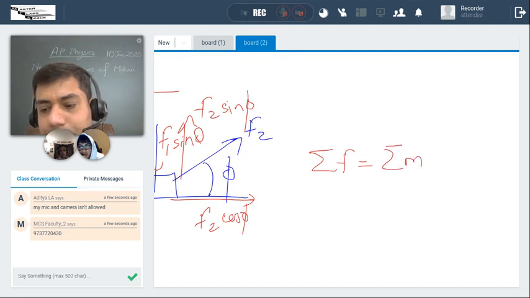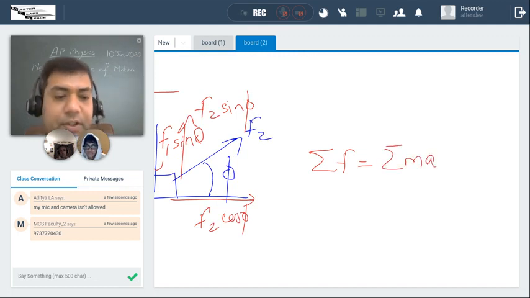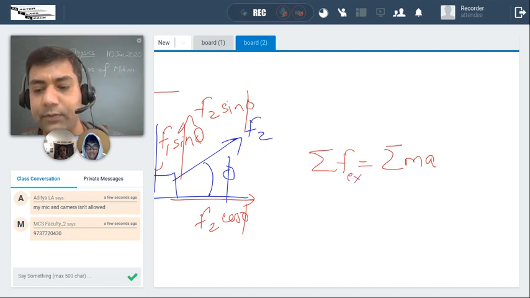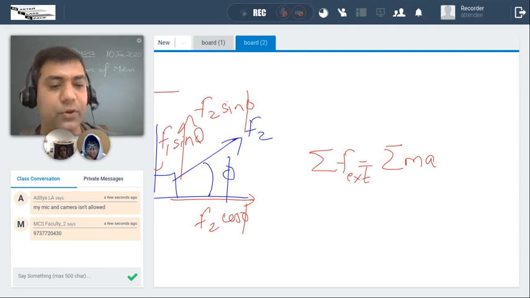Mass into acceleration. Okay. Second law gives you this, and this F is basically external force. Acceleration comes because of external force only, guys. Got it? Acceleration comes because of external force.